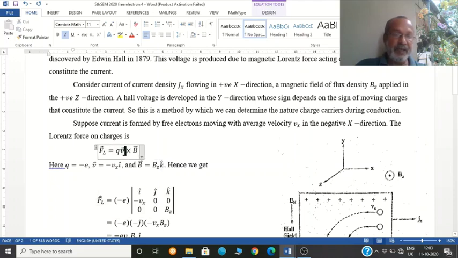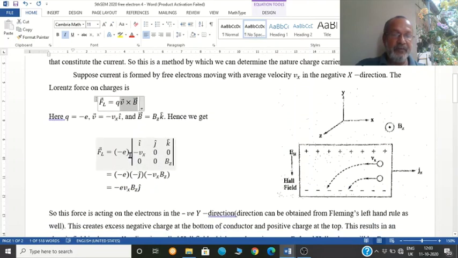And we can evaluate this v cross B using the formula of determinant of the 3 by 3 matrix. In the first row you have to put i j k, in the second row you put the components of the vector v, which are minus vx, 0, 0, and in the third row you put the components of B, which is 0, 0, Bz.